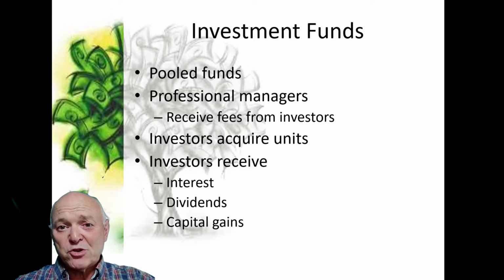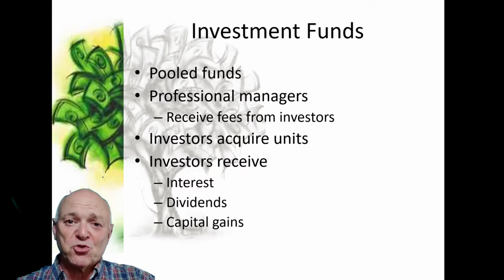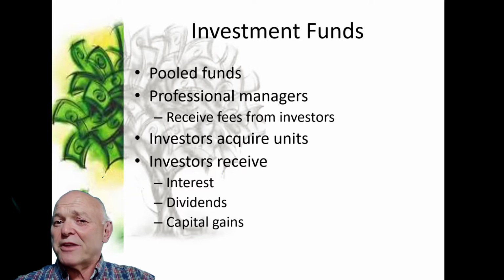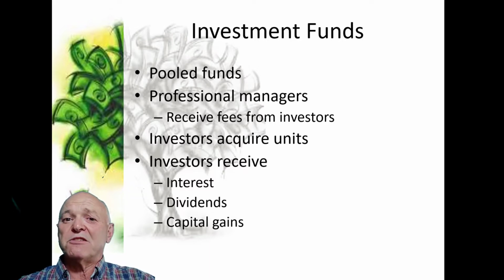Mutual funds are characterized as being run by professional managers, well qualified, lots of experience, backed up by strong teams of analysts. They're compensated by fees that they receive from investors, and we'll talk about the structure of fees in a couple of minutes as well. And in pooled funds, essentially rather than buying the stocks or the bonds, the investors are going to receive units.